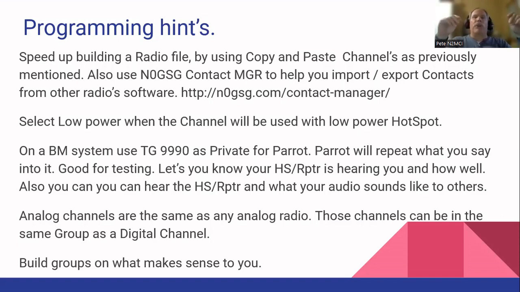You can interchange those words. I call it the group you use the most, but have other groups underneath it. So if you want to go to a specific repeater and get on a specific talk group, you can go to those channels, but the channels you use the most should probably be in a common bank.